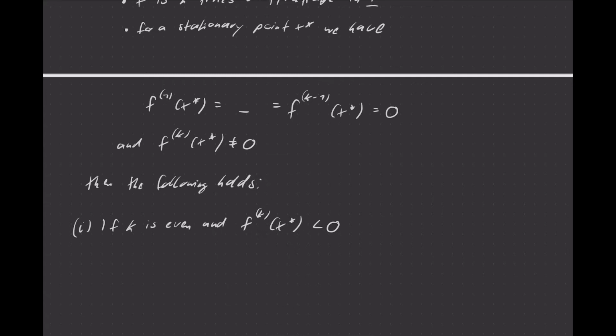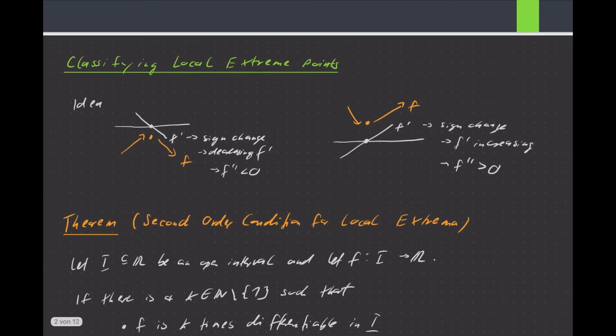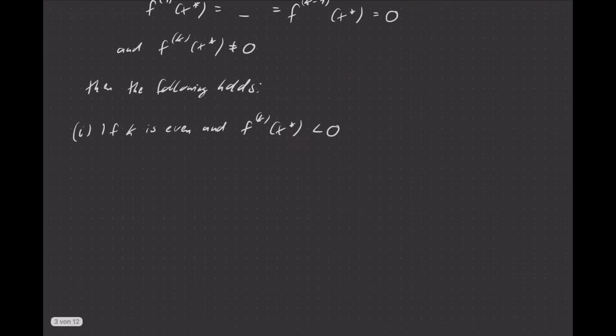Then x star is a local maximizer. Remember what we've seen here? If f double prime here is negative, then that would mean f prime is decreasing. And if it crosses the 0 here, then that means f is first increasing and then decreasing, so we have a local maximum.